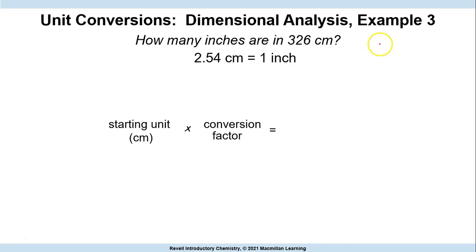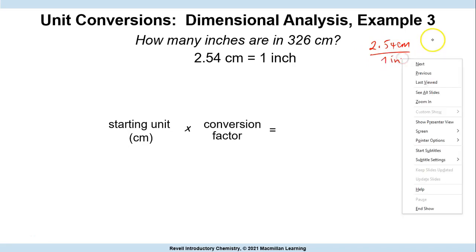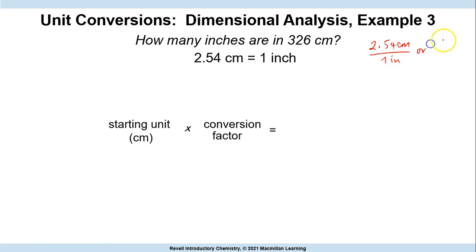What I'm saying is you can write it this way: 2.54 centimeters is equal to 1 inch, or you could also write it this way: 1 inch is equal to 2.54 centimeters. Based on what we are given, 326 centimeters, let's say this is A and this is B. Which of the conversion factors are we going to use, A or B? You can pause and answer.